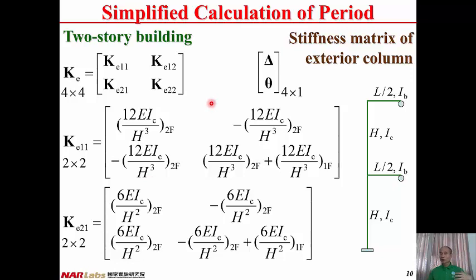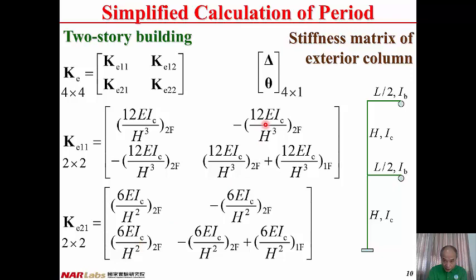And from structural theory, we can construct the stiffness matrix of the exterior column, the exterior column here. For this column, that means that if we would have a unit lateral displacement at the roof, that's the lateral force required at the roof, the lateral force required at the second floor, the moment required at the roof, and the moment required at the second floor.